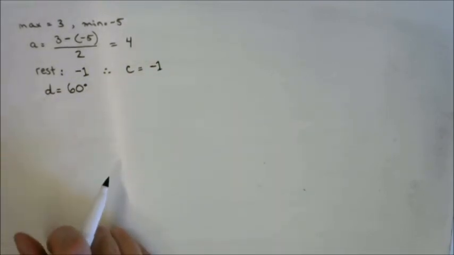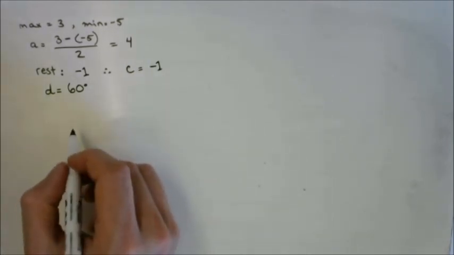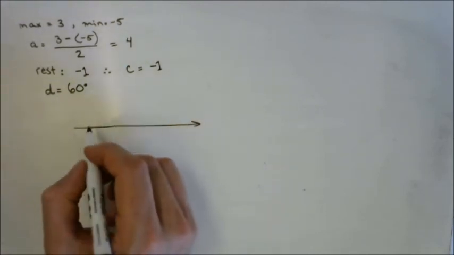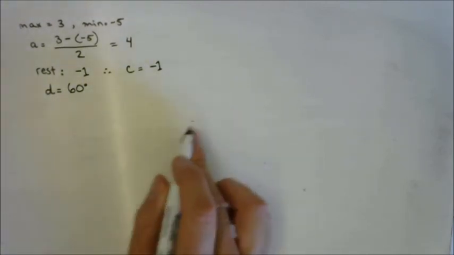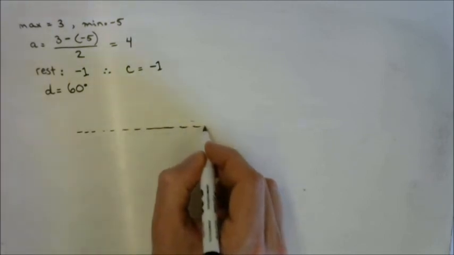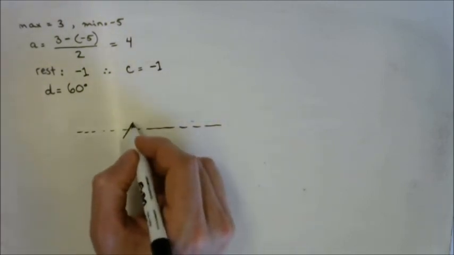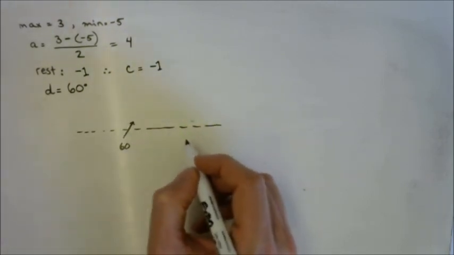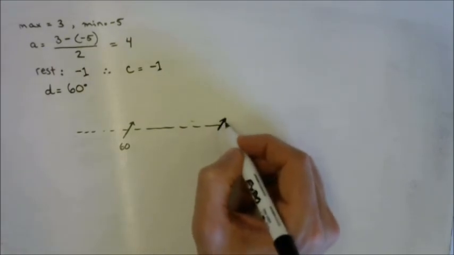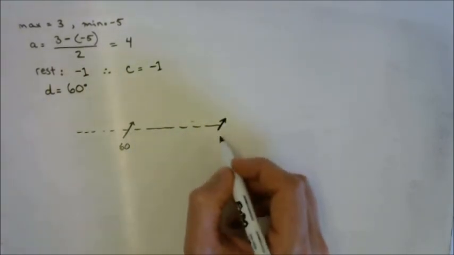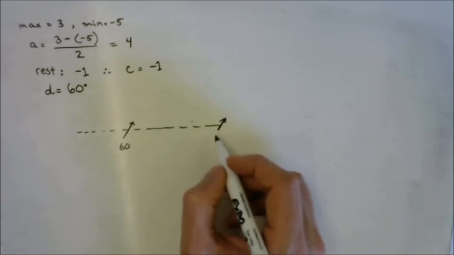Good. The last thing then to double check for is K. So we want to follow that line. This is my horizontal line, y equals -1, and we crossed that rest point at 60. Where does it cross it again? Where does it complete one full rotation? 180. Yep.